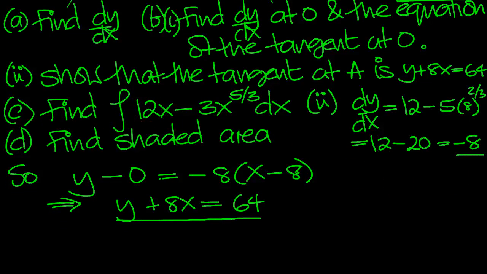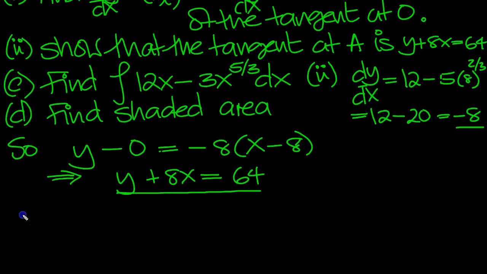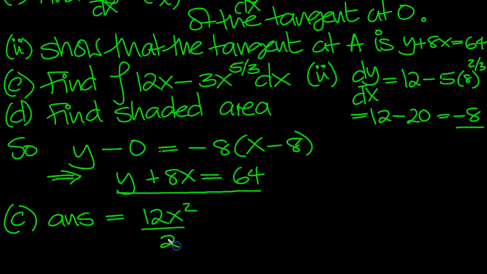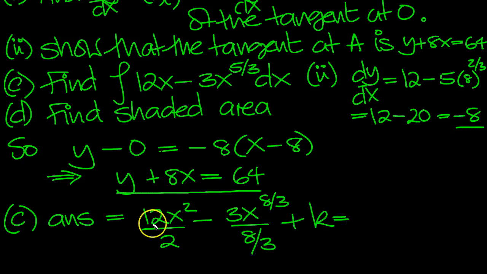Now part C, let's get back to the actual question. This integral: integrate, raise the power by 1. So 12 lots of x squared divided by 2, minus, raise the power by 1, so that would be 8/3, divided by that number, plus K. So tidy up: 6x squared.